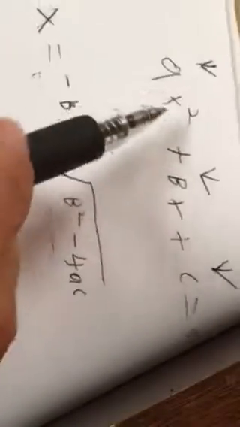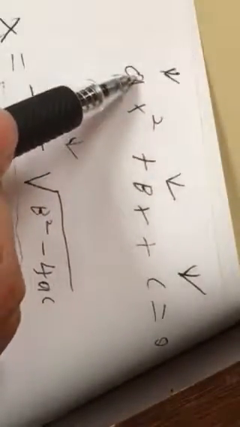So we'll go over it again, just to make sure. You got a equals a number, b equals a number, c equals a number. And then what they did in that problem you sent me was a bunch of work to get this equation right here: negative b plus or minus square root of b squared minus 4ac all over 2a.